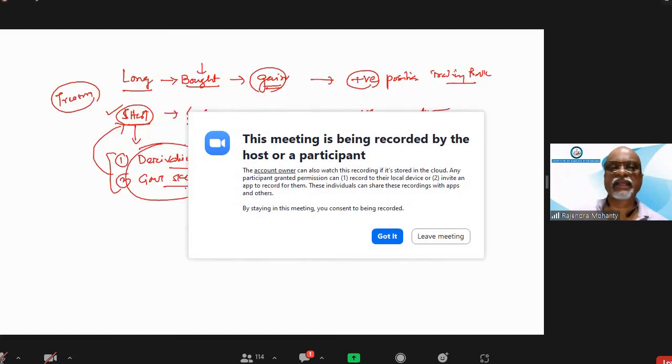Whenever short positions are there, that is a negative position, so capital is required, because for a positive position, capital is not that important. Only when a short position is there do we have to cover it with capital.